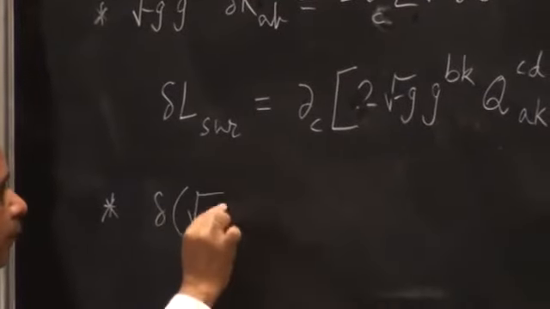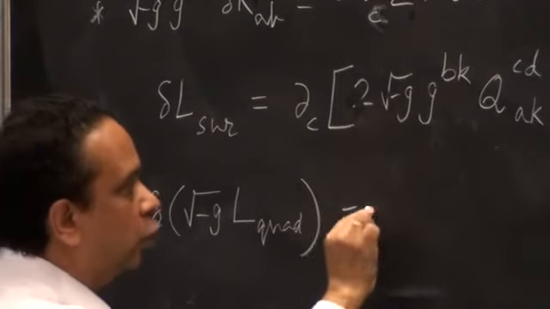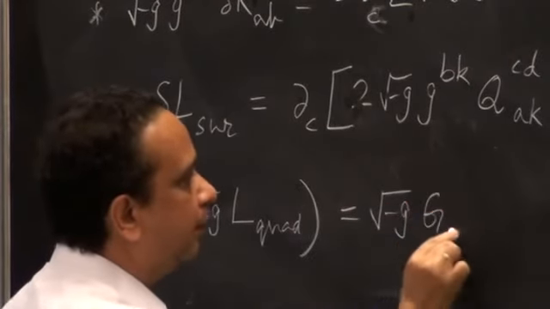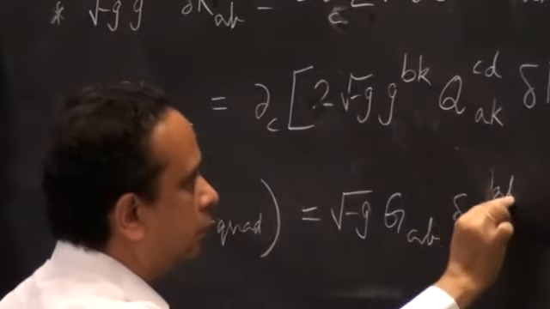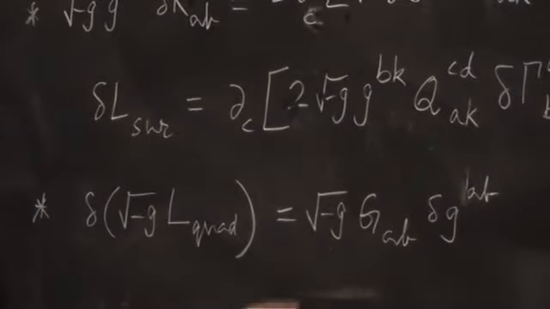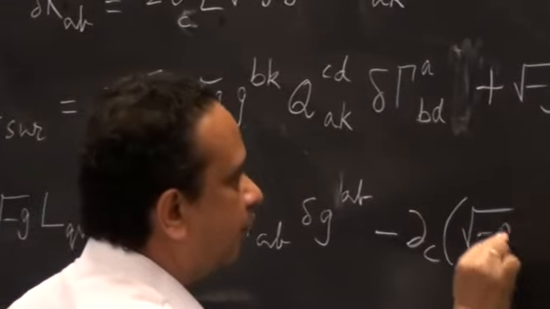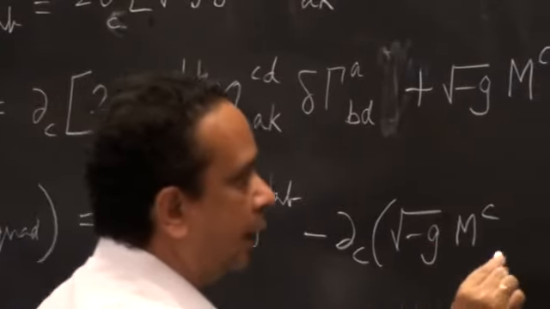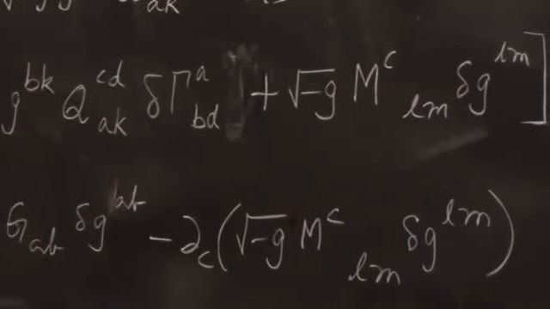When you take the difference between these two, which will give you this delta root minus g chord, the delta of root minus g L squared, you will find is equal to root minus g GAB delta GAB, and we defined it as this minus this, so that will give you this extra term which is minus BC root minus G MC LM delta G. It's definitely worth arriving for students at least once.